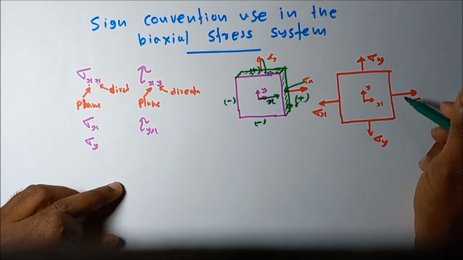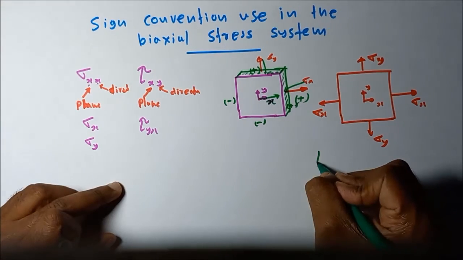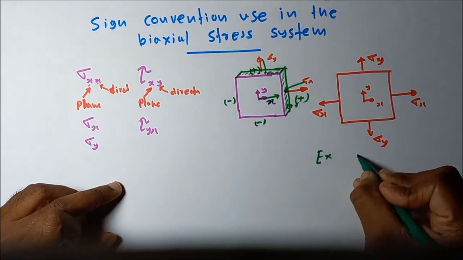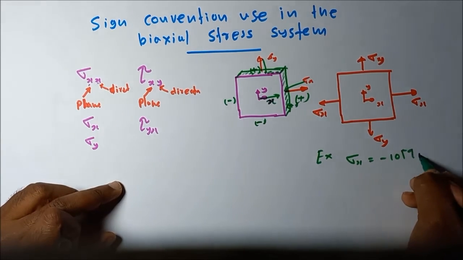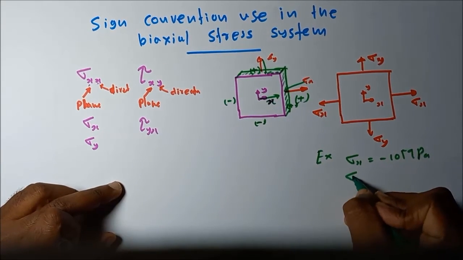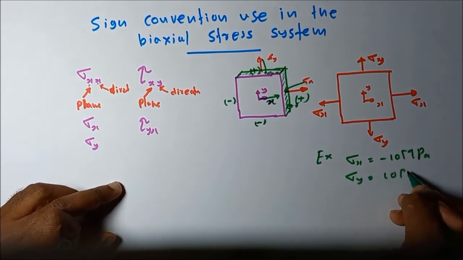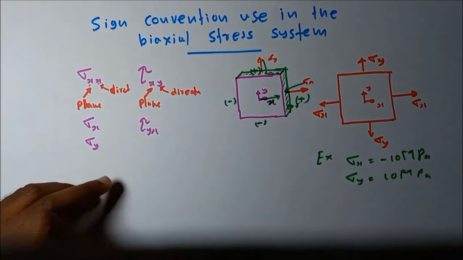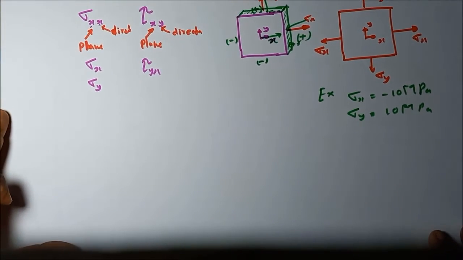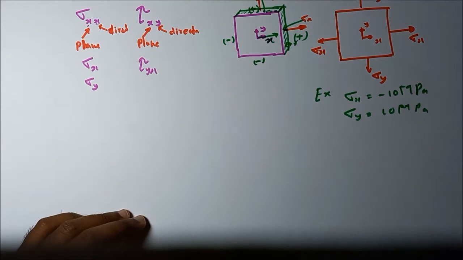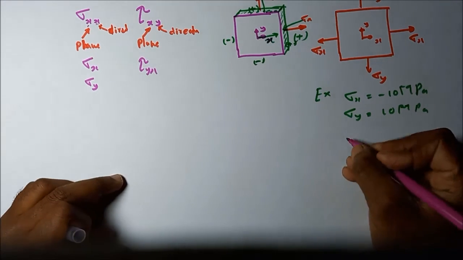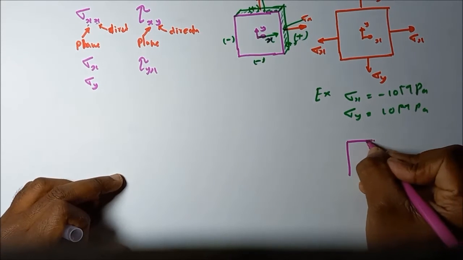Let's take an example. Let sigma x equal minus 10 megapascal, and sigma y equal 10 megapascal. How do we mark these stresses on a two-dimensional stress element according to the sign convention of normal stress? Let's take this kind of stress element.